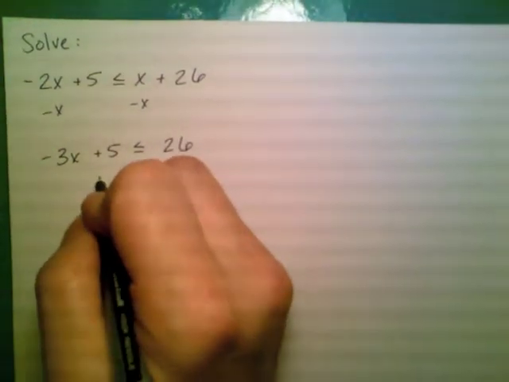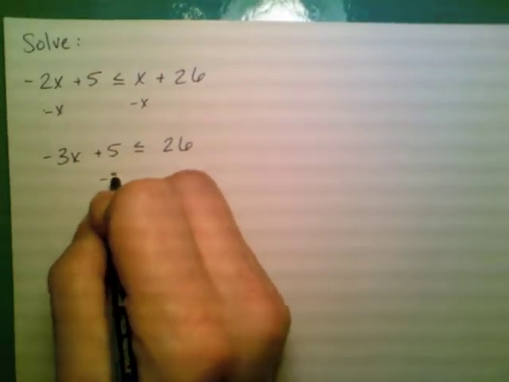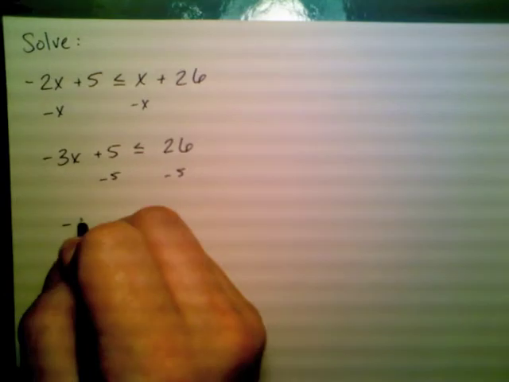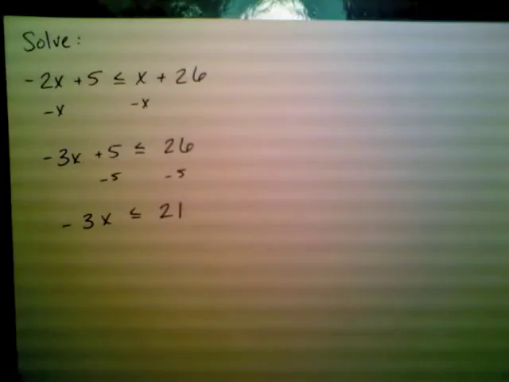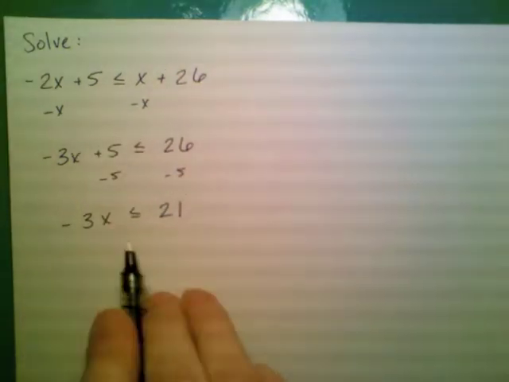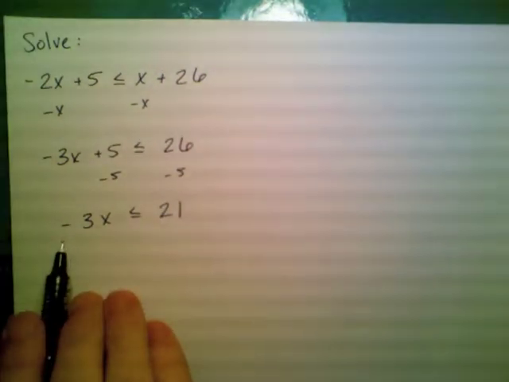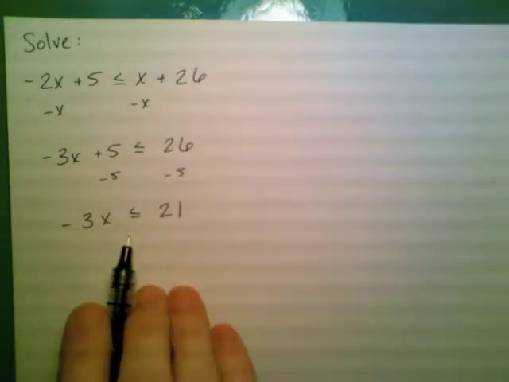I'm going to move this 5 over here. And finally, I have a negative 3x is less than or equal to 21.